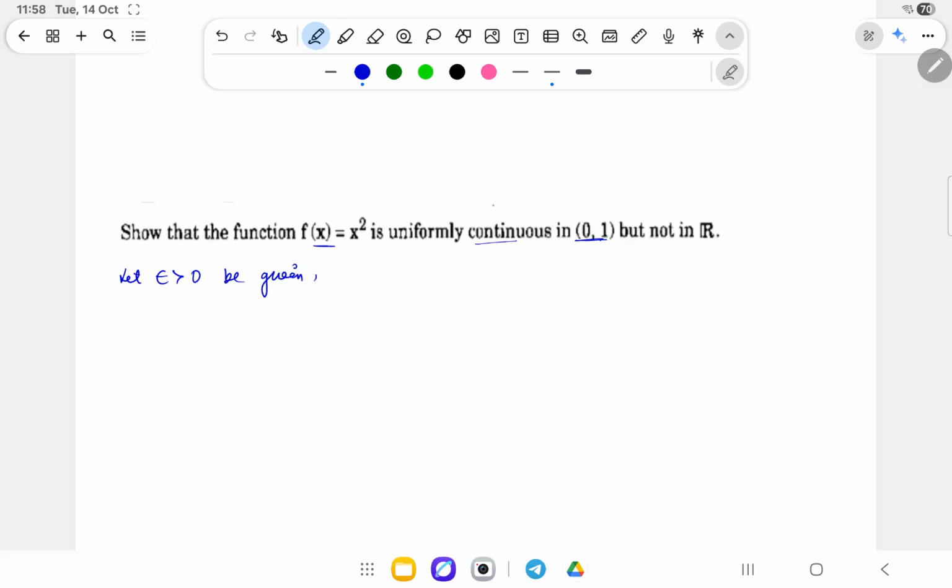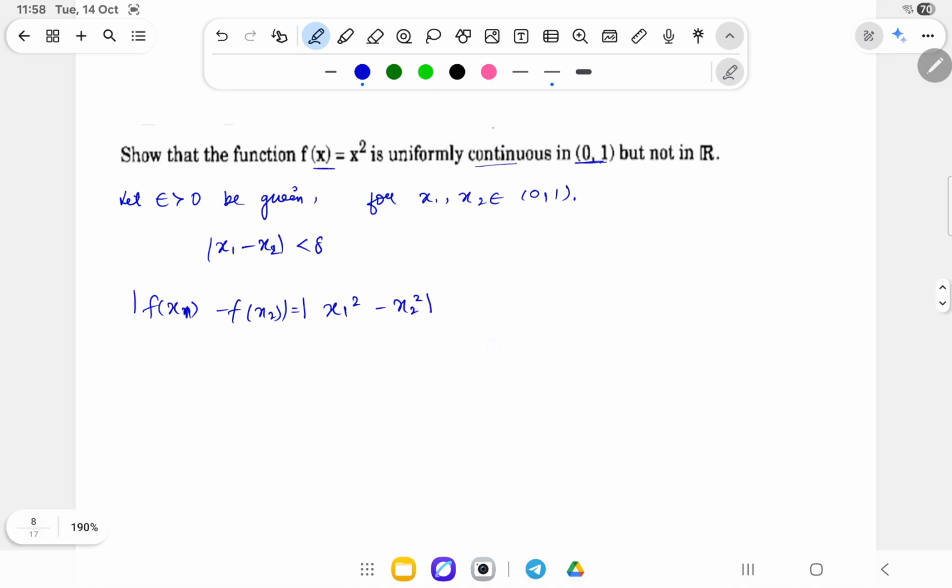Then for some x1, x2 in this interval (0, 1), we are choosing x1 and x2 such that |x1 - x2| is less than delta. Then what will be my |f(x1) - f(x2)|? It will be equal to |x1 square - x2 square|, which I can write as |x1 - x2| times |x1 + x2|.